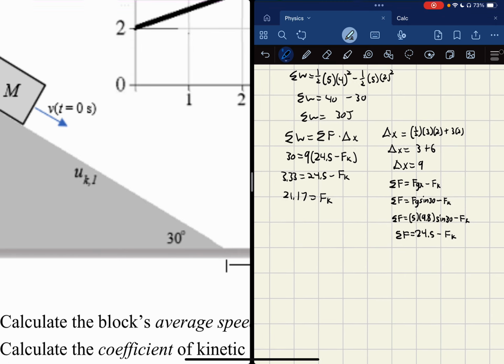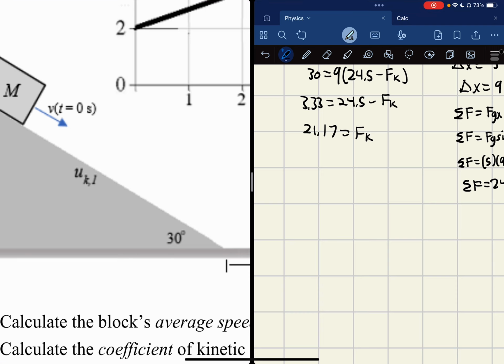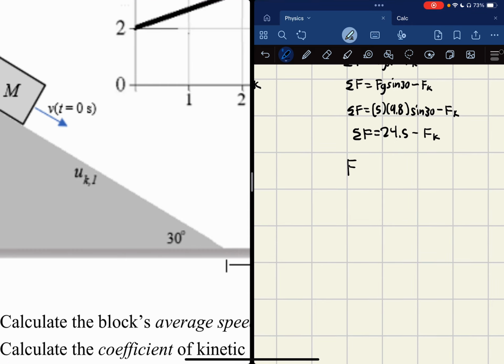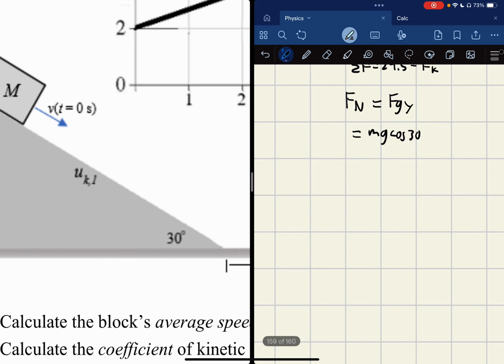But we're looking for mu K, and as mentioned before, mu K is equal to Fk divided by Fn. In this situation, Fn is a little different because it's on an incline, so Fn is equal to Fgy, and Fgy is equal to mg cosine 30. Plugging in the information we know, g is a constant, 9.8, times cosine 30, which is equal to 42.44.